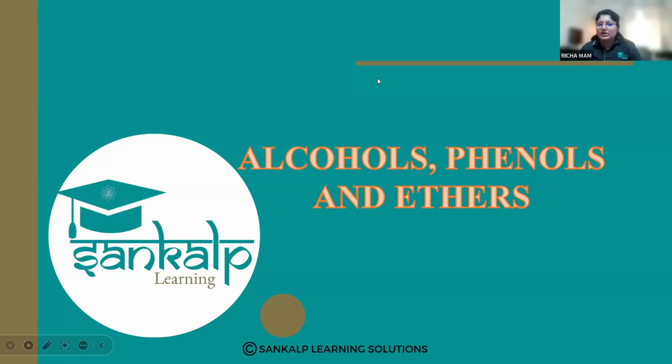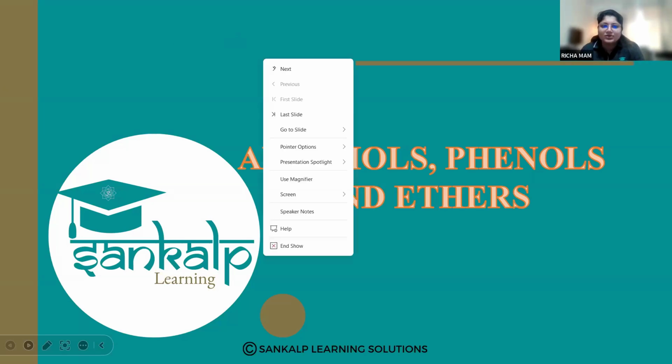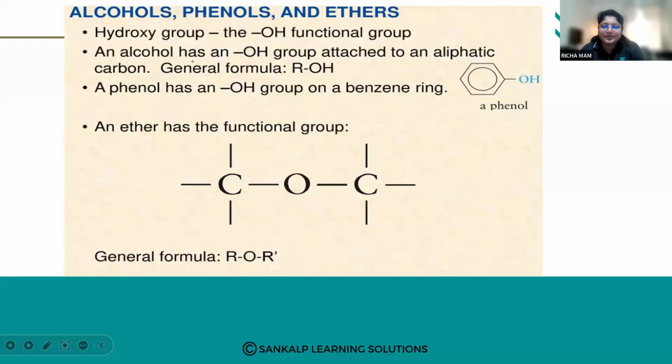So alcohols, phenols, and ethers, right? They are organic compounds which have different functional groups. How do you represent alcohol, students?